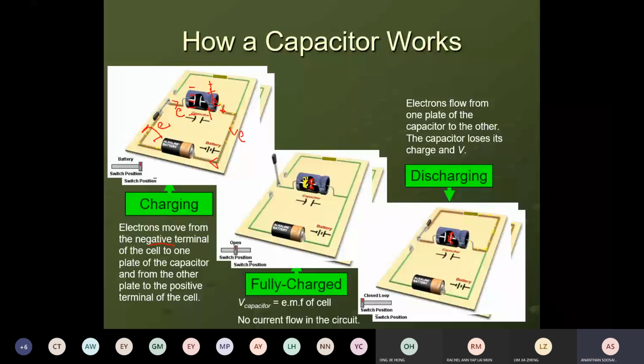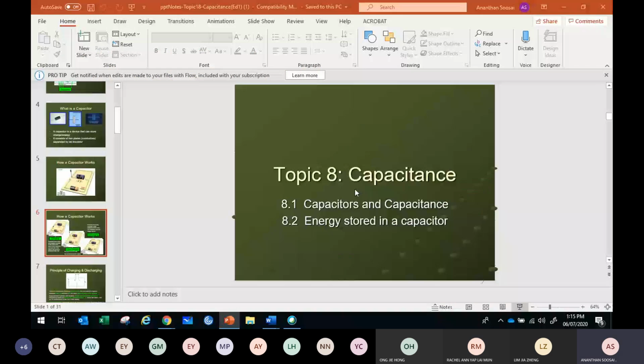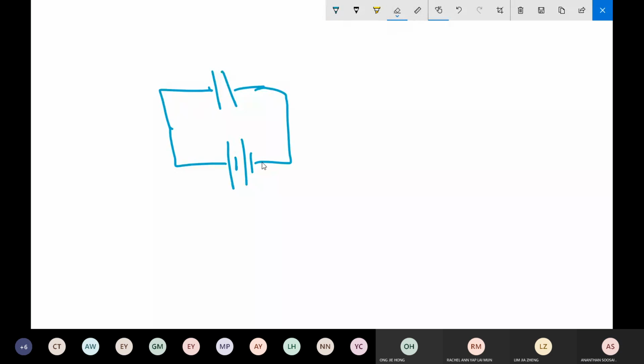Remember, you check the polarity. Let me go to the whiteboard just for a while. If this is a capacitor and you have a battery, let me follow the diagram from just now so I don't get confused.